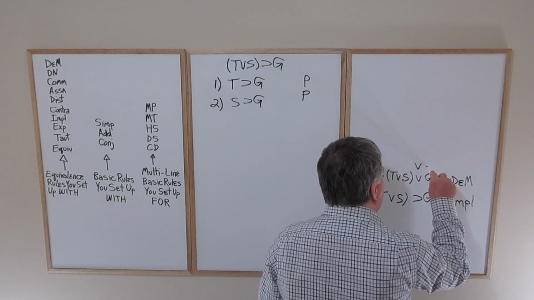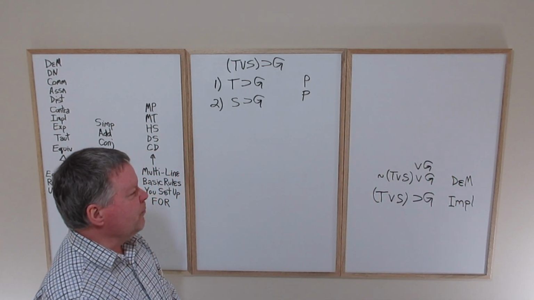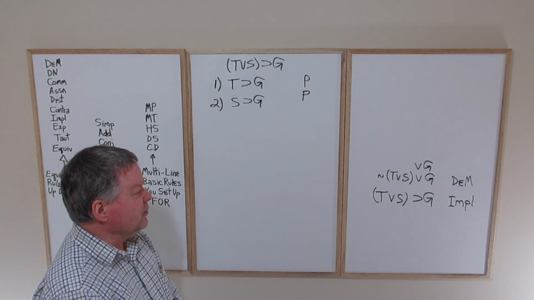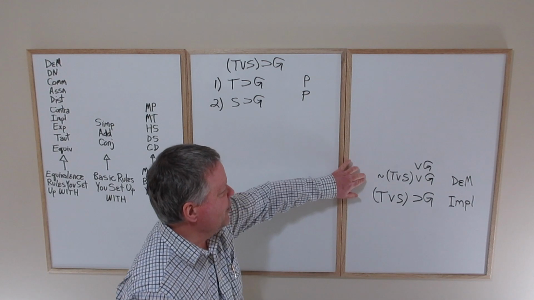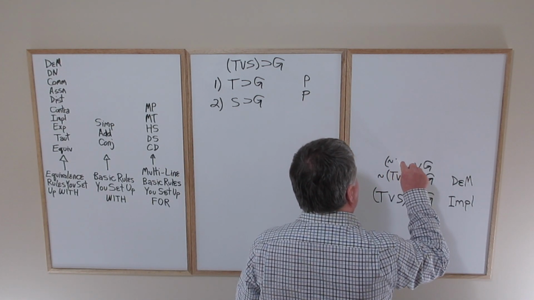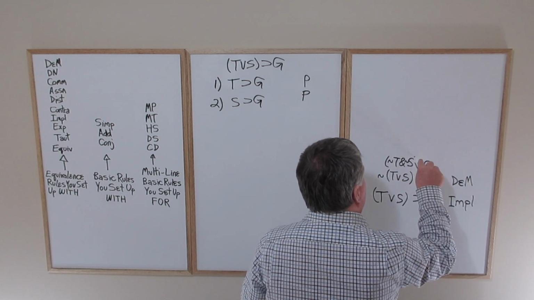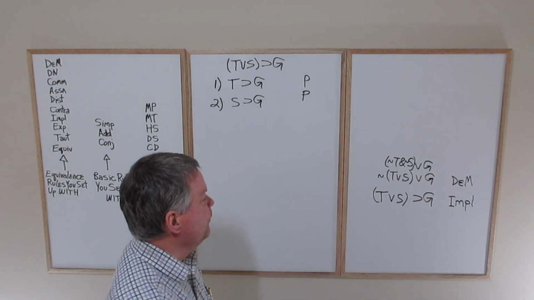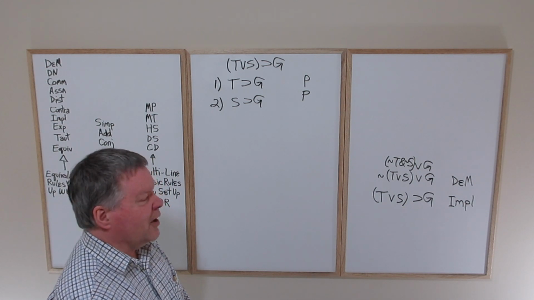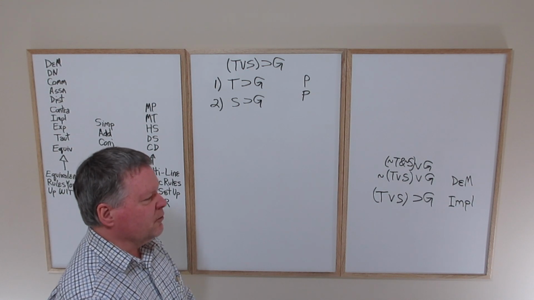So this part will stay exactly the same. What would the third last sentence of the proof have to look like in order for us to get this one by De Morgan's? It would have to look like this. Tilde T and tilde S.